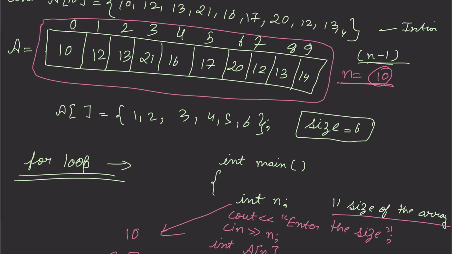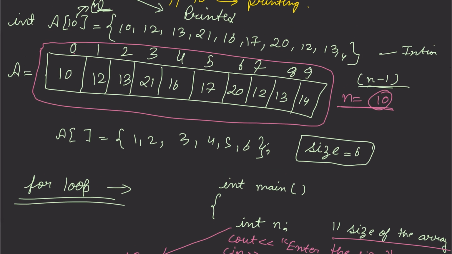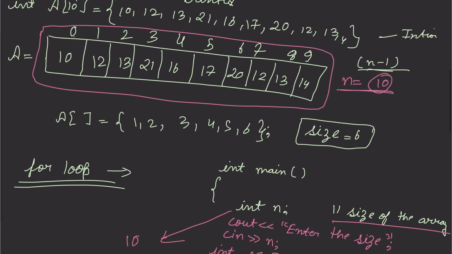That means how many elements are there? 10 elements. If you count on the finger 0 to 9, it will be 10. Okay, now we want to enter elements in the array one by one, and we want it from the user. We are not initializing it like we did here. So how will you do?